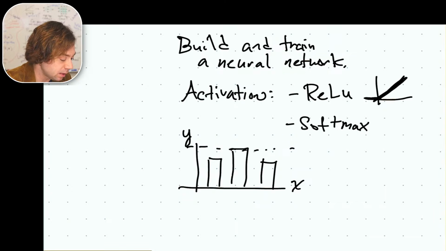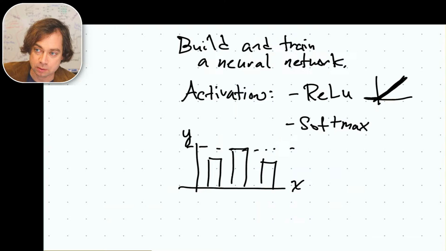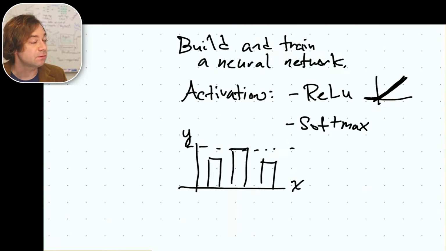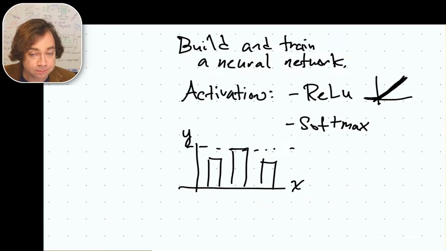If all of a sudden this bar becomes high enough and passes the other one, there's a hard switch as to which one is the max. It completely switches what the max is, which can be non-differentiable. Or you can soften that switch. You can look up the equations for softmax, but it's basically a maximum that's easier for neural network training to deal with. So we'll be using those kinds of activation functions, but those will all be built in.